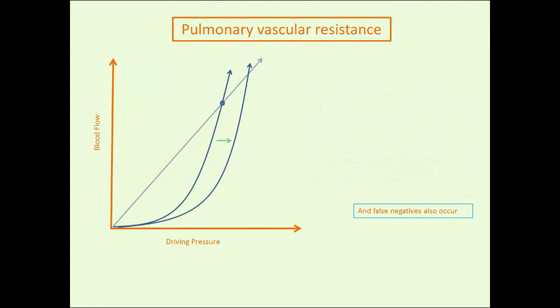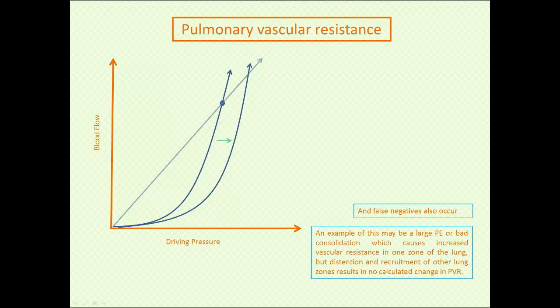False negatives also occur. So imagine in this patient you truly have changed the properties of the pulmonary vascular bed. You've shifted this curve rightwards, which would truly be an increase in your pulmonary vascular resistance.